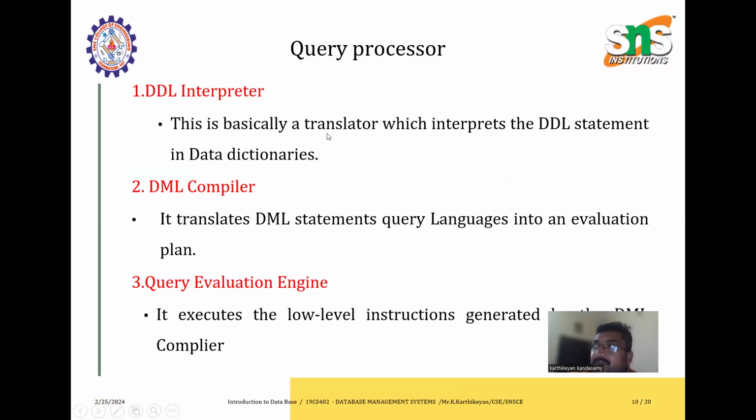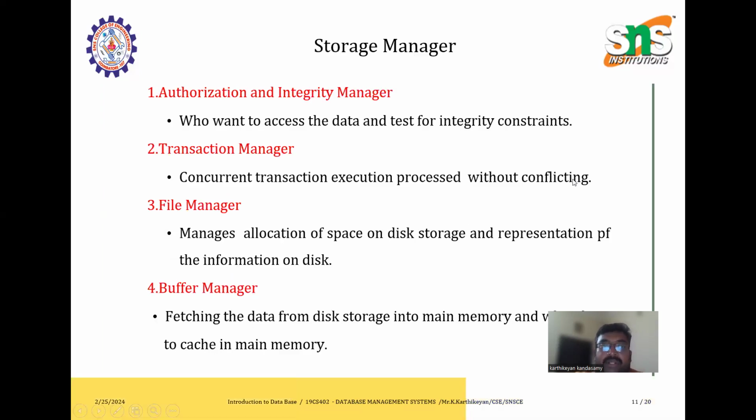The DDL interpreter interprets the DDL statements into the data dictionary, and the DML compiler translates DML statements in query language into an evaluation plan, a query plan, which executes the low-level instructions generated by the DML compiler. This is the authorization and integrity manager, transaction manager, file manager, and buffer manager.